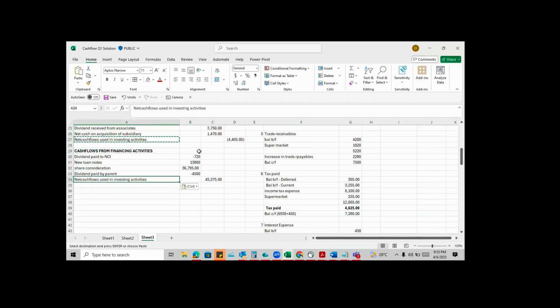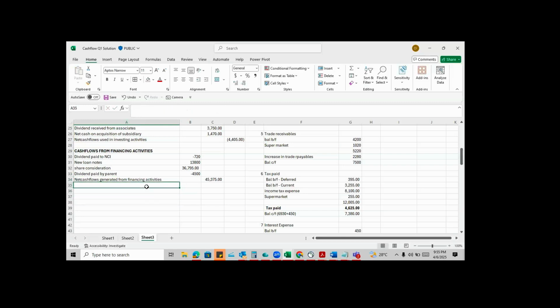So I won't say used, I'll say generated from financing activities. Financing activities, all right?